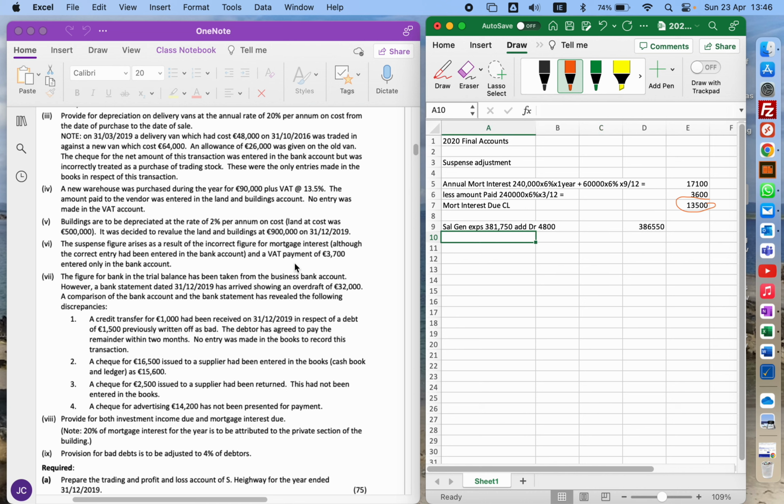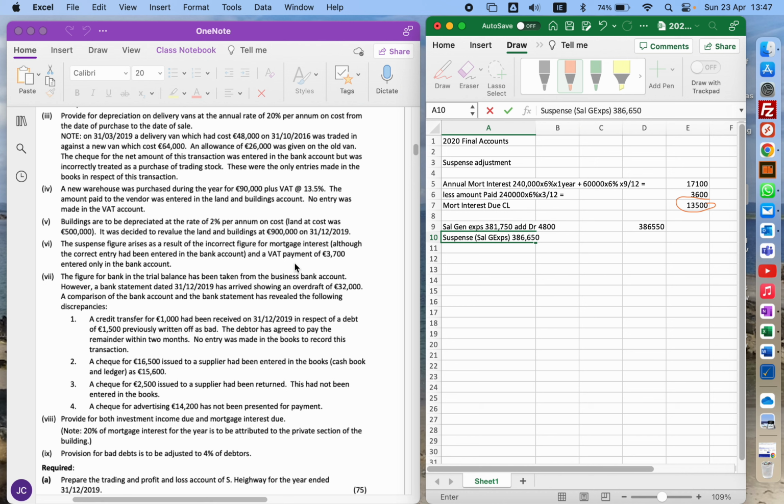Okay, so suspense, which in this case is salaries and general expenses. At the moment it's 386,650, and that's a debit.